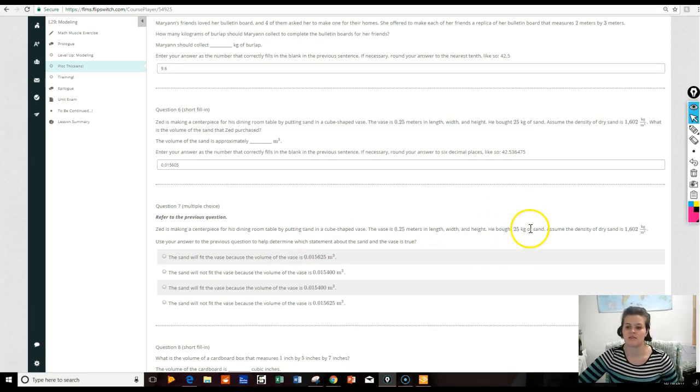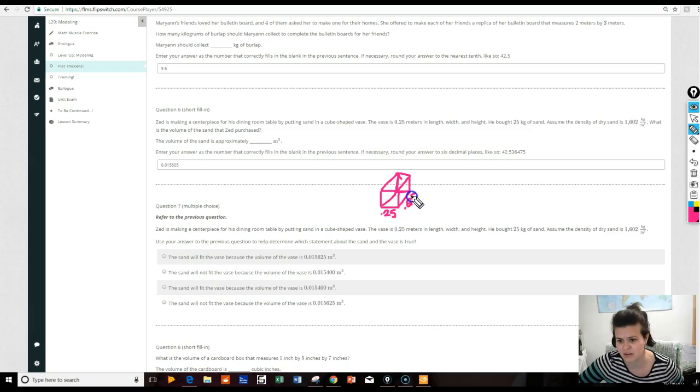Alright, so I would recommend finding the volume of the vase. Since it's a cube-shaped vase, we know that the volume is the area of our vase shape times the height, and since it's all the same, this is 0.25, this is 0.25, and this is 0.25.